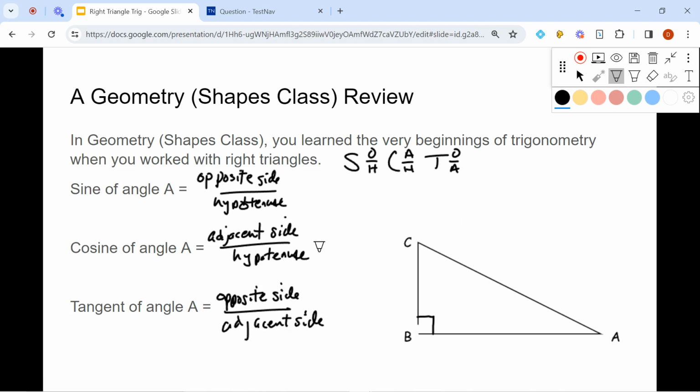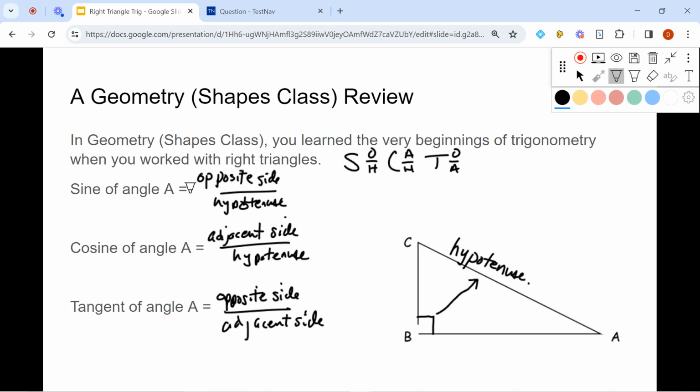Now, we need to define all three of these sides on the right triangle. On the right triangle, the one side that doesn't change is the hypotenuse. The hypotenuse always occurs across from the right angle. So, in this case, side CA is the hypotenuse.